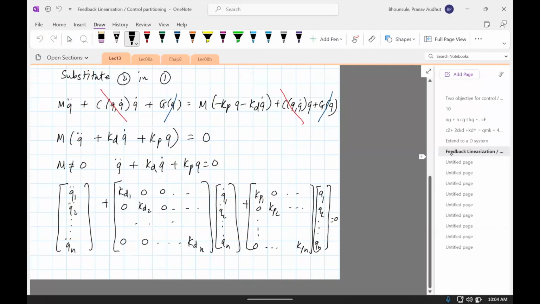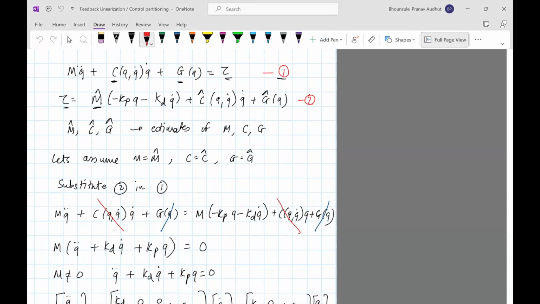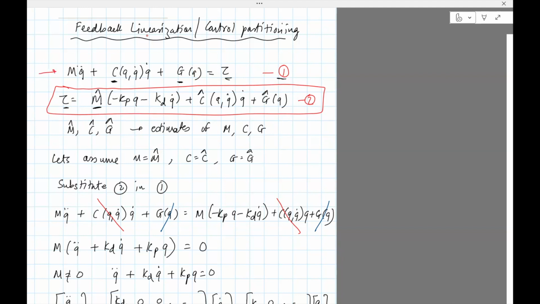So what feedback linearization does is there's a special way of assuming a form for the controller. This is the control equation. That is, if you apply this torque, it is chosen based on looking at the equations for the manipulator, which is this.